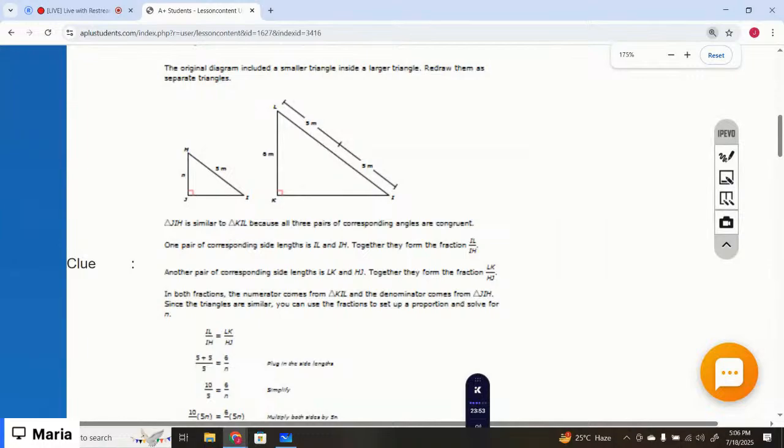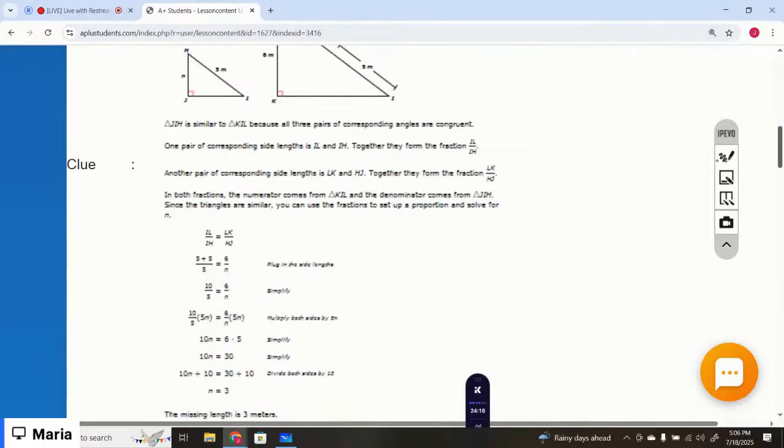Okay, so triangle JIH is similar to triangle KIL because all three pairs of corresponding angles are congruent. One pair of corresponding side length is IL and IH. Basically, we need to form a proportion.